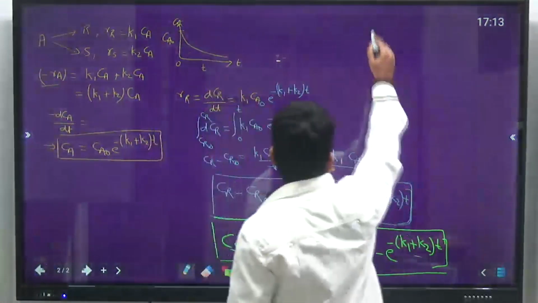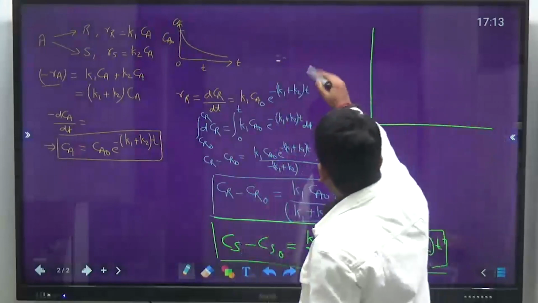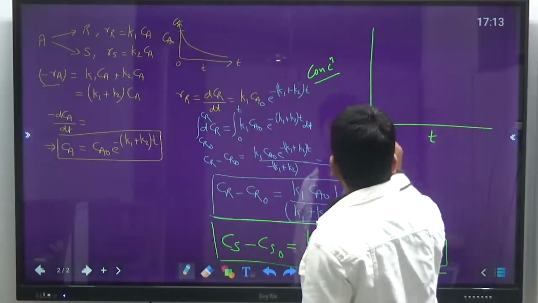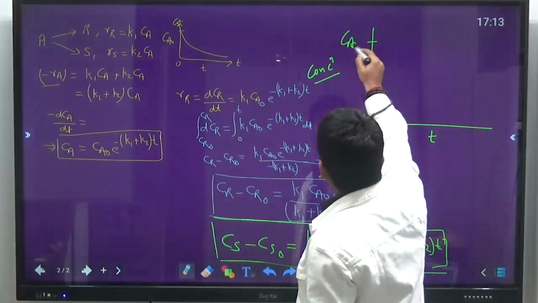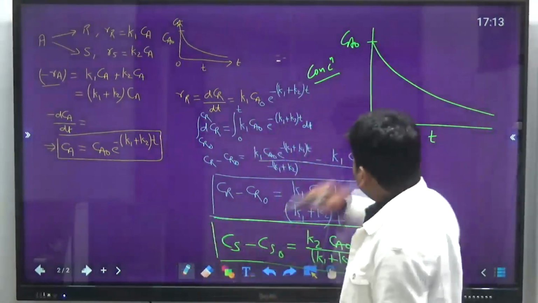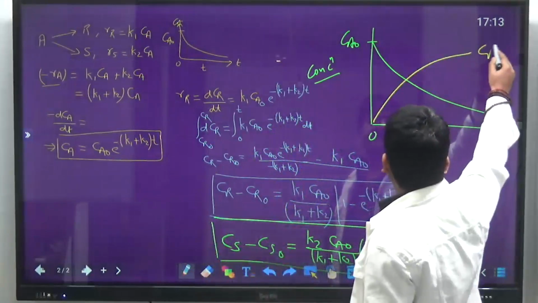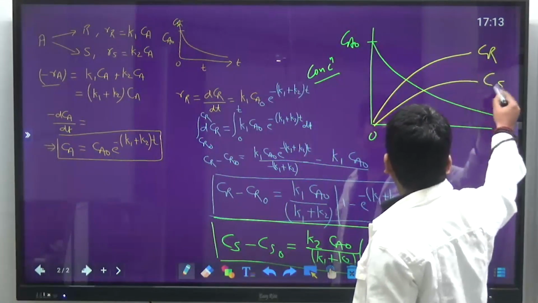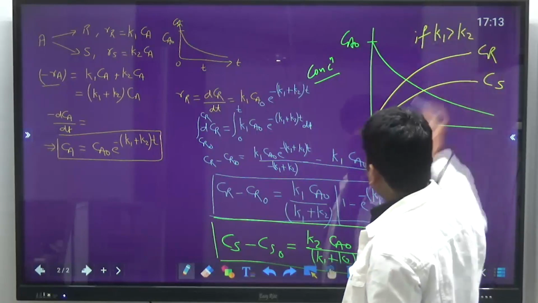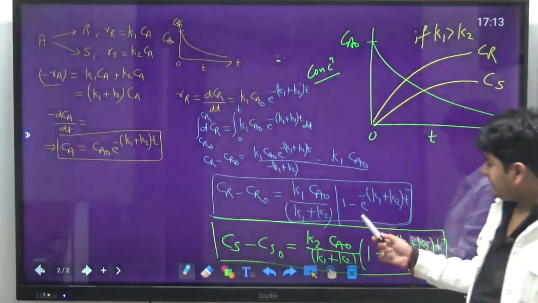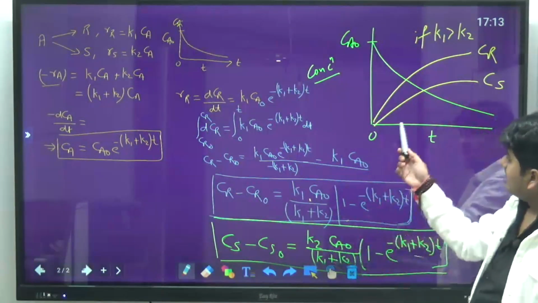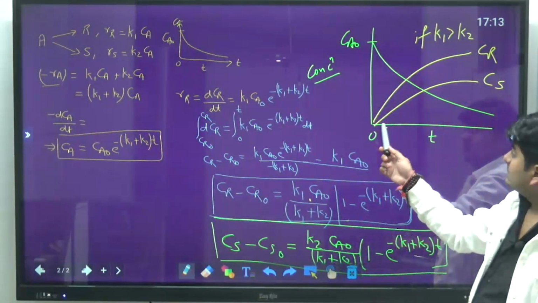And when you plot them, they will be like this. In general, if you draw the concentration profile, at t equal to 0, Ca is Ca naught, and it will decrease exponentially. This is Cr, this is Cs, if K1 is greater than K2, because you can see the only difference in the profiles of R and S is K1 and K2.